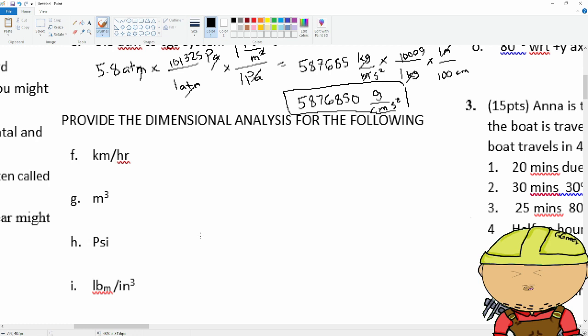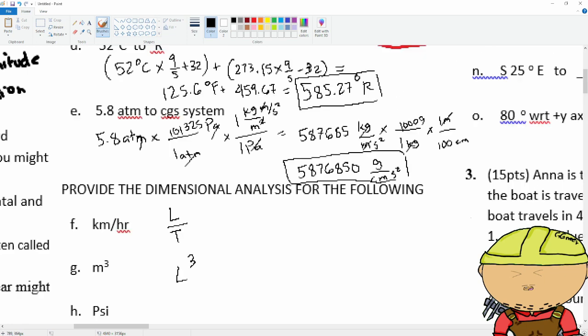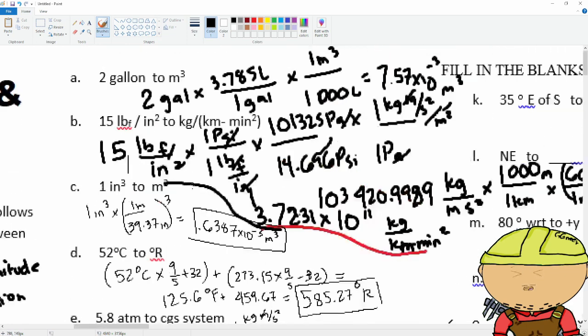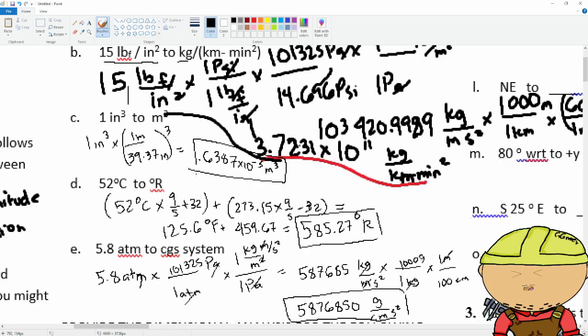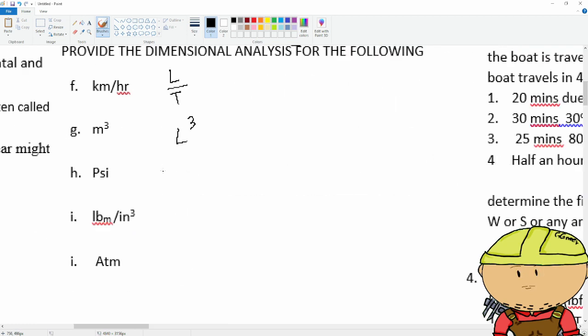Okay. Oh, this one is very easy. So you just have to look at the unit, right? So kilometer per hour, that's a unit of length over time. Meter cube, that's length cube. Okay. That's the dimensional analysis of the following. PSI, remember, PSI is pressure. And we know that this is pound force per inch squared. And what's the unit of that? Mass per length over time squared, right?